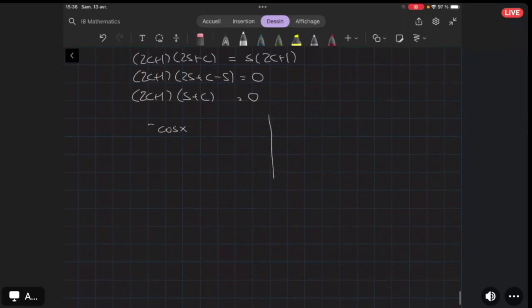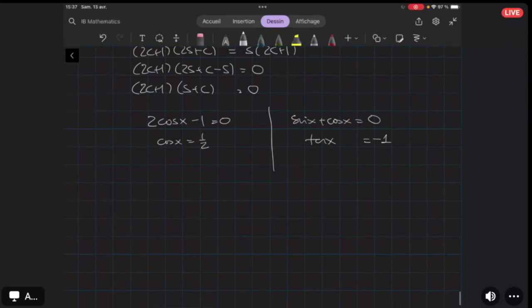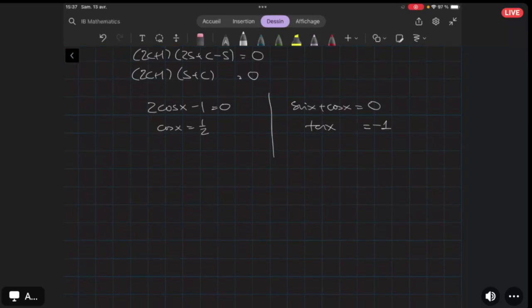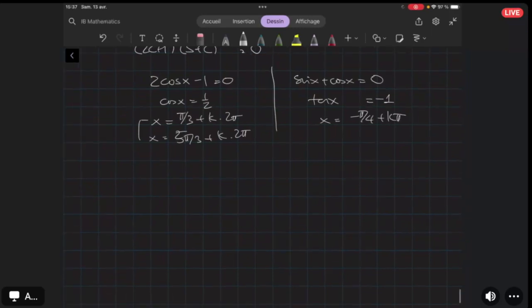Two options. Take it out domain. We know x is between 0 and 2 pi.